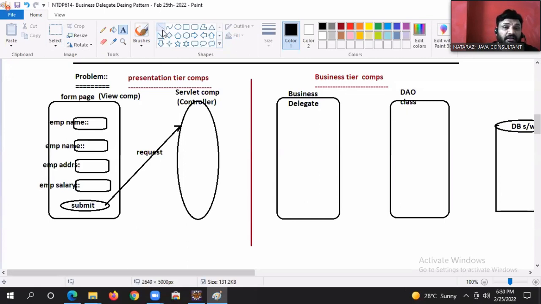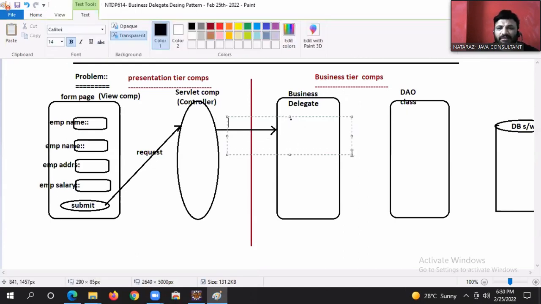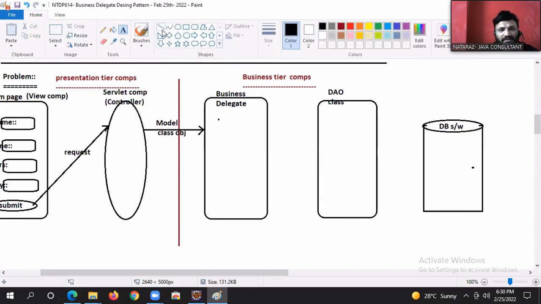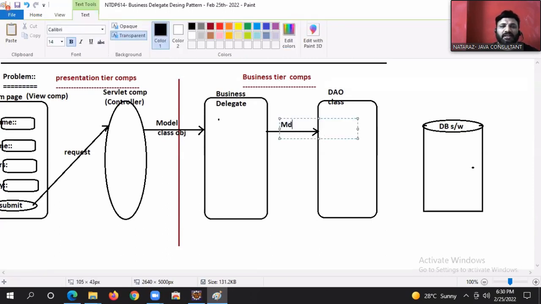Now tell me here, we are passing form data into the business delegate in the form of a model class object. The same model class object we are passing again.